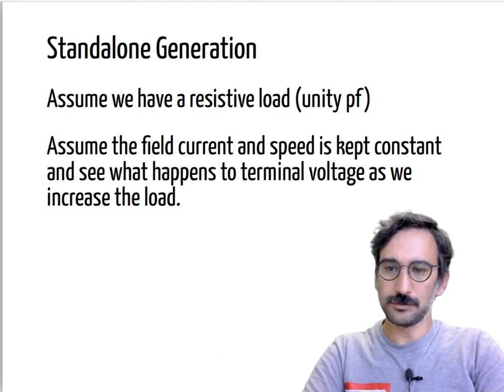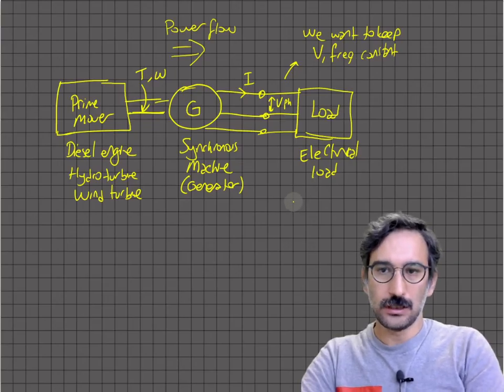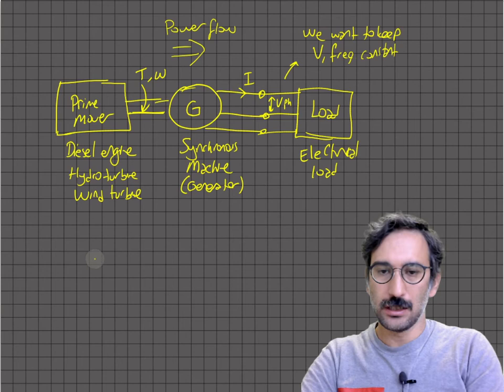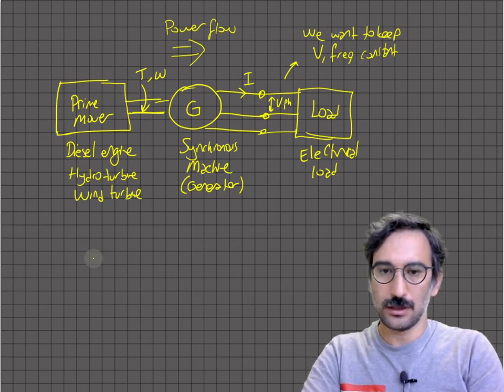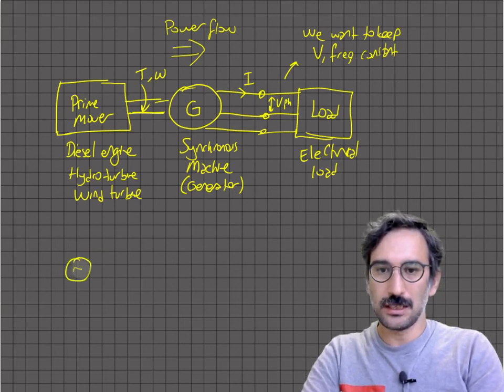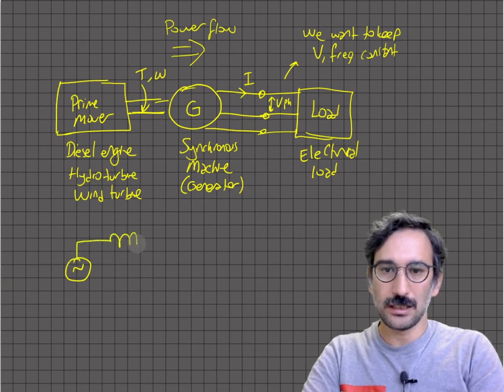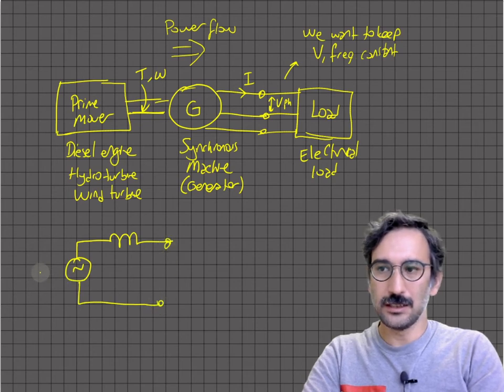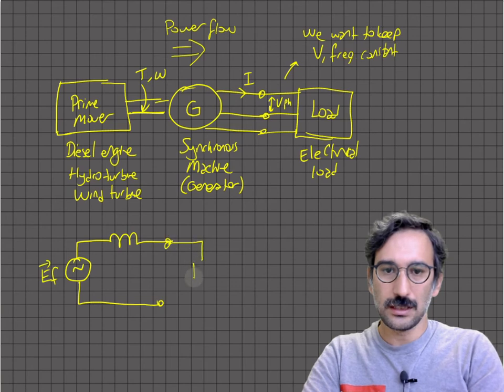Let me draw it again. Let me draw the single phase. Again, this is a three-phase system, but I am drawing a single-phase equivalent circuit. Let's ignore the armature resistance for this case, and we have our load.